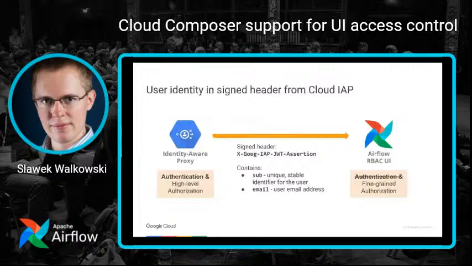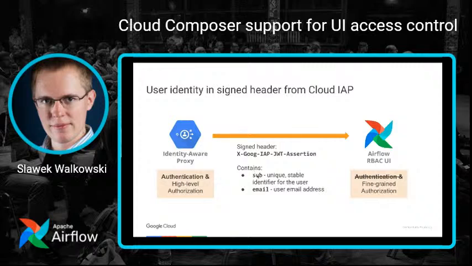So the way it works is that the identity aware proxy, after it authenticated and authorized the user, sends the request to the backend. In this case, the backend is Airflow RBAC UI, and it adds additional headers. One of them is this signed header, which contains information about the user who has logged in to identity aware proxy.